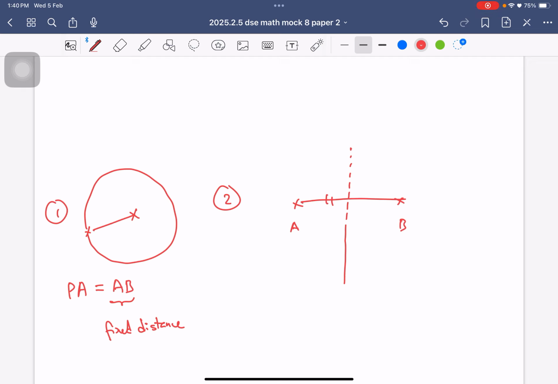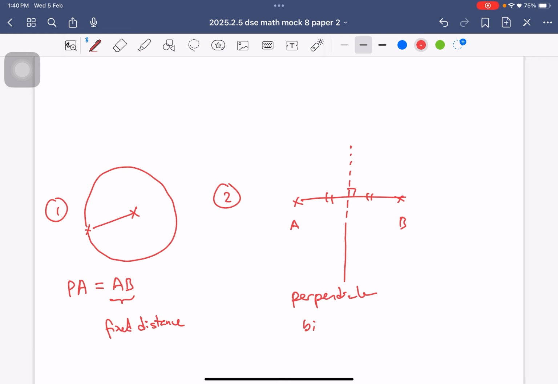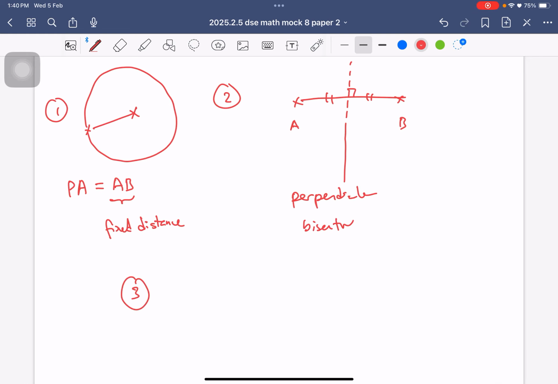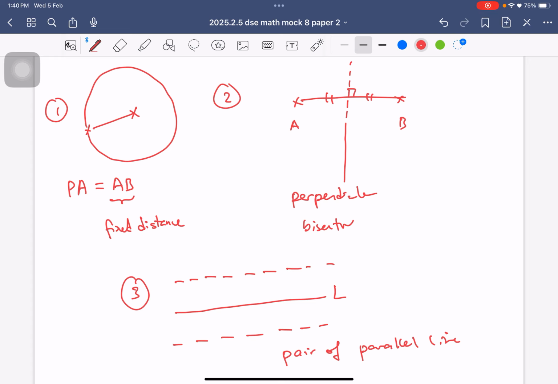So this is the perpendicular bisector. And after that, we have a line, and the moving point has the same distance from this line. That's going to be a pair of parallel lines. Okay?